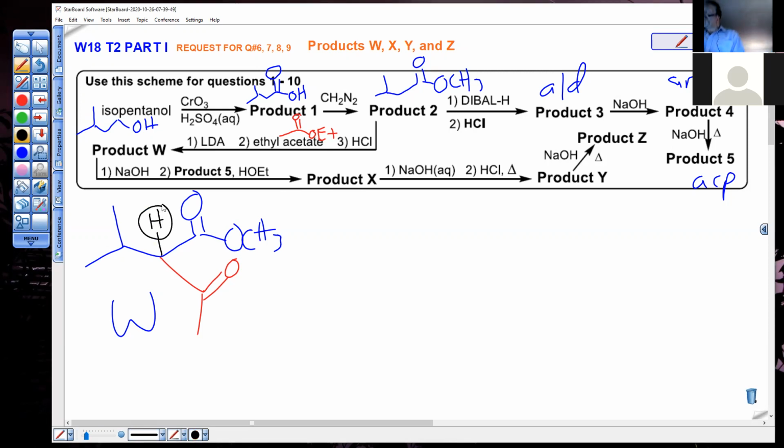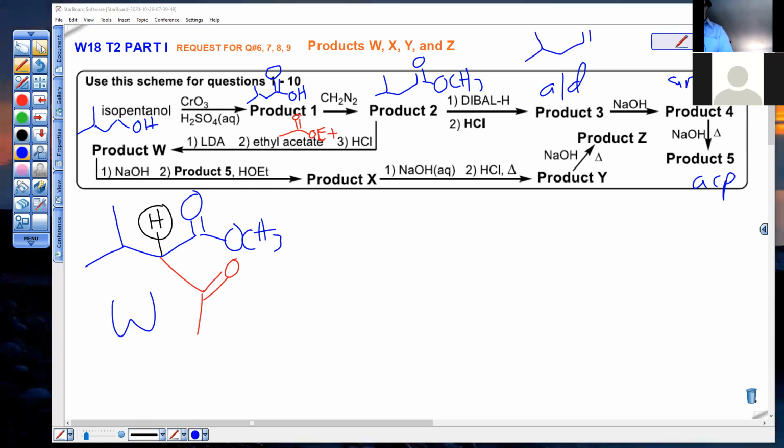And apparently we do need the aldol condensation product. I didn't look ahead. Product 5 comes from the aldol condensation product. So aldehyde. Nope, not enough room up there.